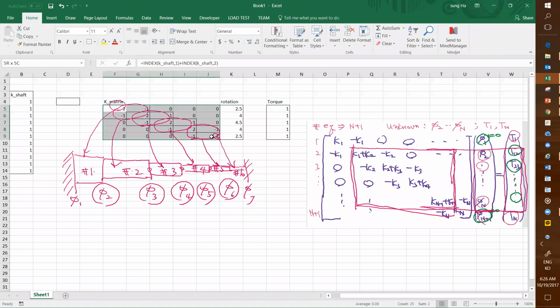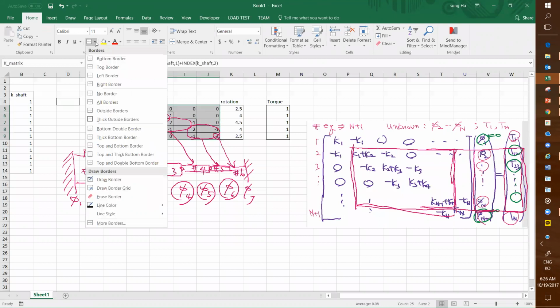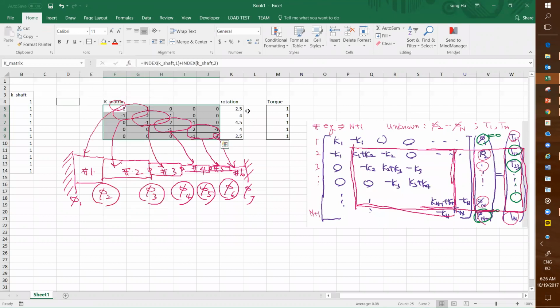And this one was the K matrix, and there will be rotations, and there will be torque we applied at each junction.